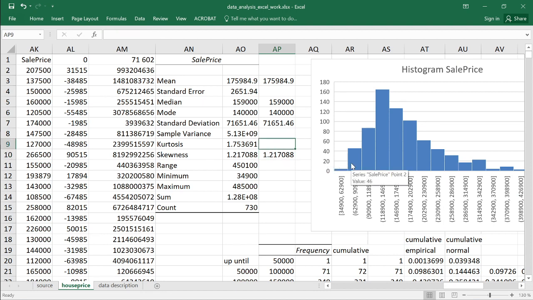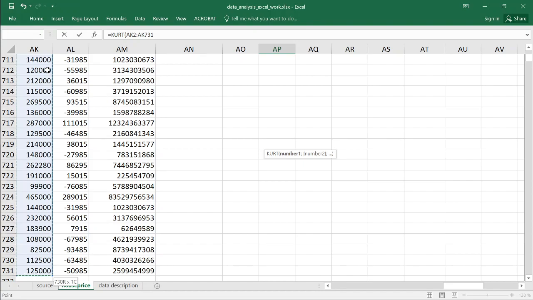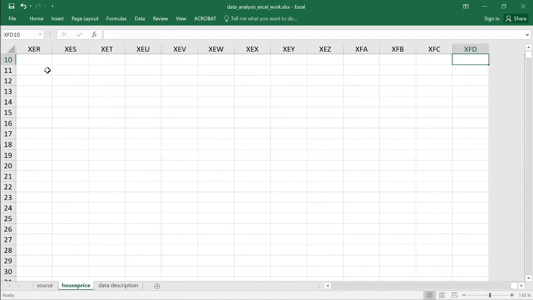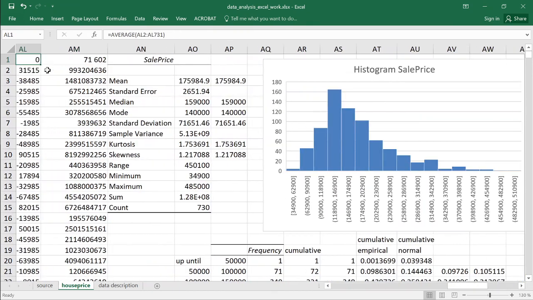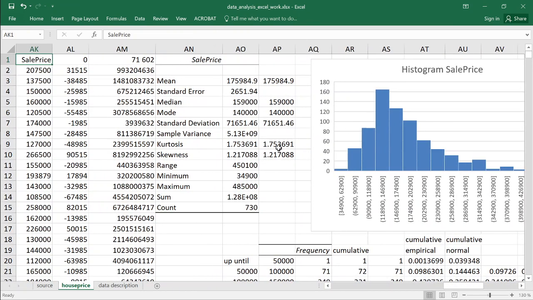So skewness is a measure that allows us to make judgments about the symmetry of a distribution. The other measure here in this table is kurtosis. The kurtosis of a normal distribution is 0, again has no units of measurement, and it says something about the shape of the distribution.